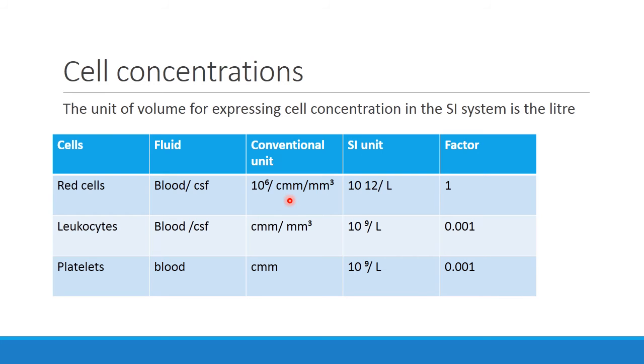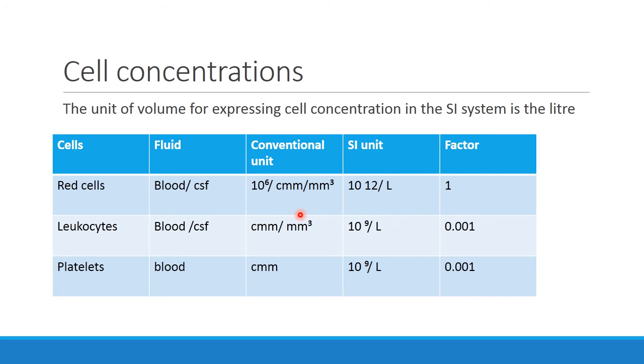In terms of microliters it will be given, but when you're giving the report you have to convert your values to liters. For example, here red cells, the conventional unit is 10 to the power of 6 per cubic mm. Cubic mm means microliter, where this microliter is converted to liter.